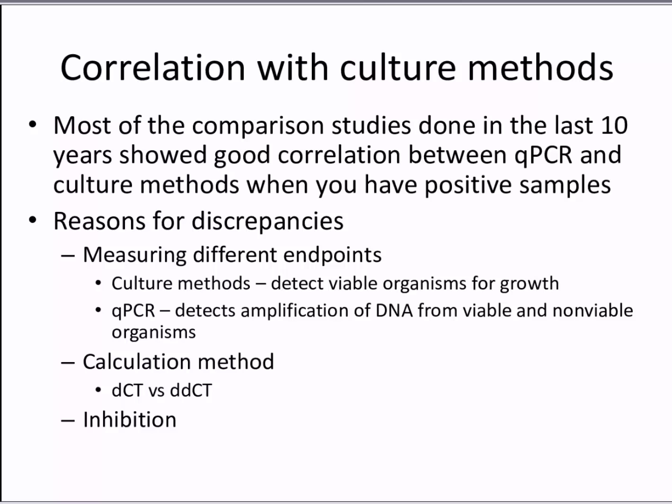The EPA method recommends a delta-delta CT calculation, and in other papers or studies you'll see that a delta CT calculation is more appropriate. And then one reason where your results might not agree, or an underestimation by qPCR, would be inhibition. So something in your sample that's inhibiting the PCR reaction, so you could get potentially a false negative result.